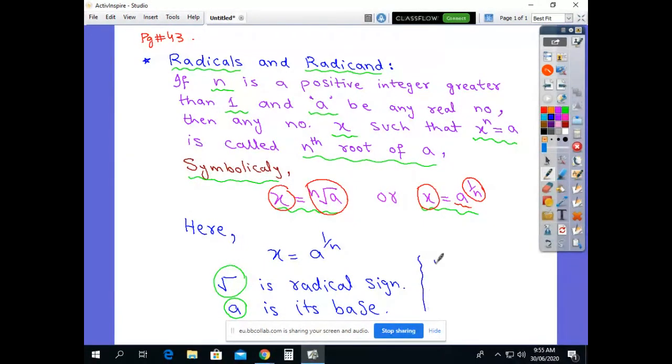And the third one, n, is the index of the radical. In a radical number there are three terms. First, this radical number is equal to the nth root of a, where a is its base. This symbol is called the radical symbol, and this n is called the index of the radical.